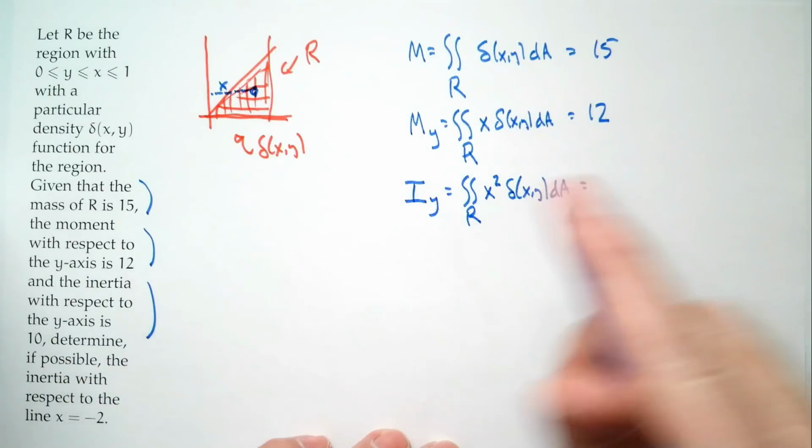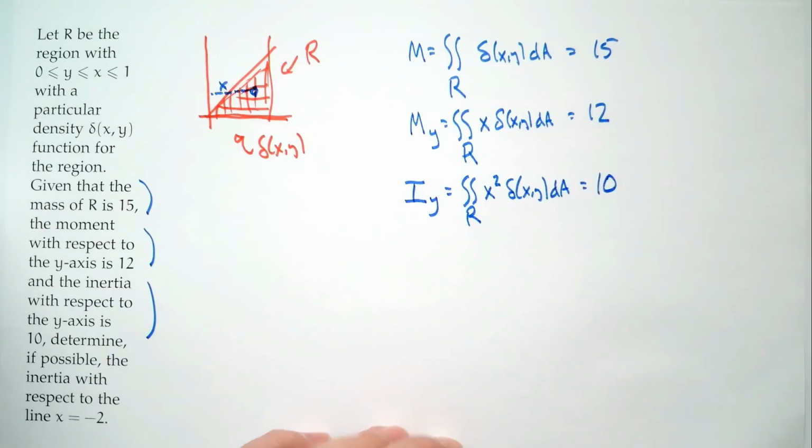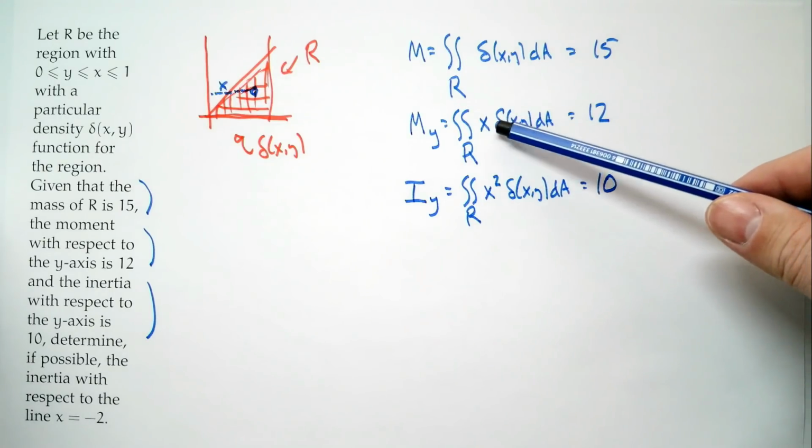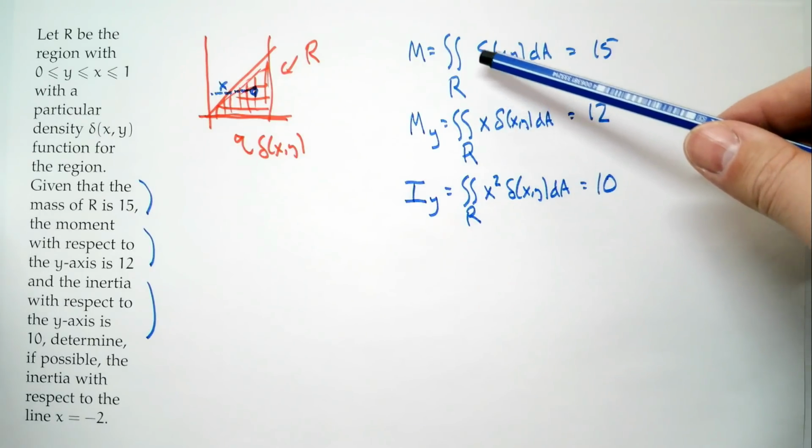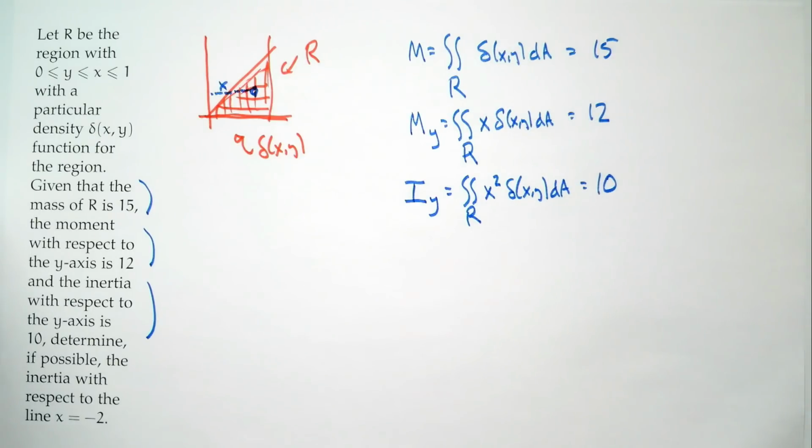And we're told that is 10. So this is the information that we're given. Now you might notice there's a pattern here. You have an x squared, you have an x. You might say, well, can I think of this as x to the 0? And you can if you want. So you can think of mass as the 0th moment, then the first moment, second moment.